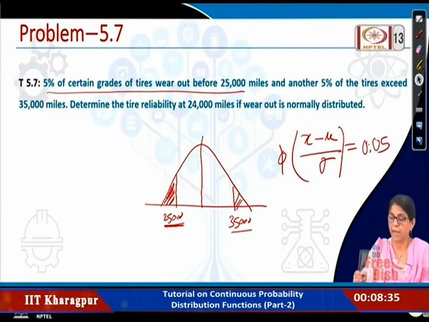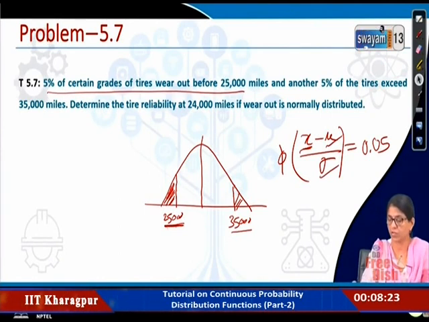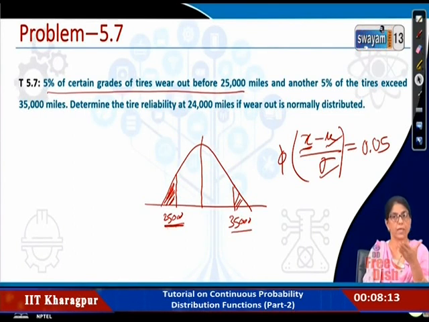This is given. And what I know is x is 25,000. But I don't know mu, I don't know sigma. Similarly, this is also x minus mu by sigma. This is also 5%, 0.05. I know just x, I don't know mu, I don't know sigma. So two equations, two unknown variables. So I can find the values of mu and sigma by solving these two equations.